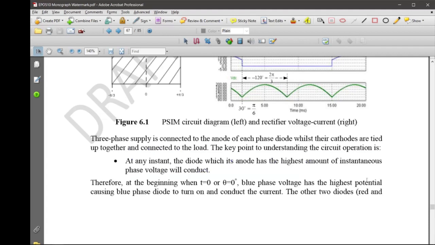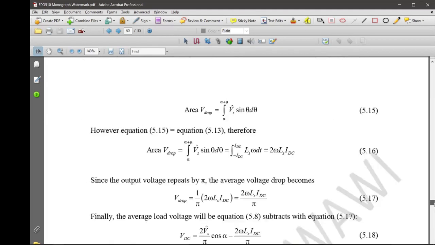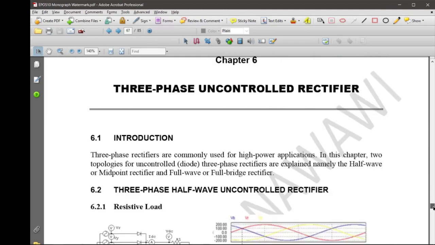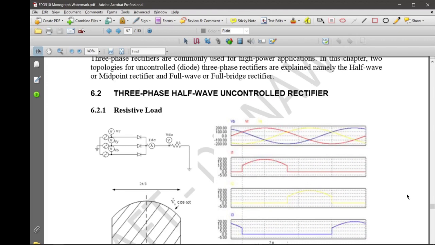So this is the output voltage. Sorry, this is the supply voltage there. Red, yellow, blue. At any instant, the diode with its anode at the highest voltage, whichever phase, red, yellow, or blue, that has the highest voltage will be turned on.